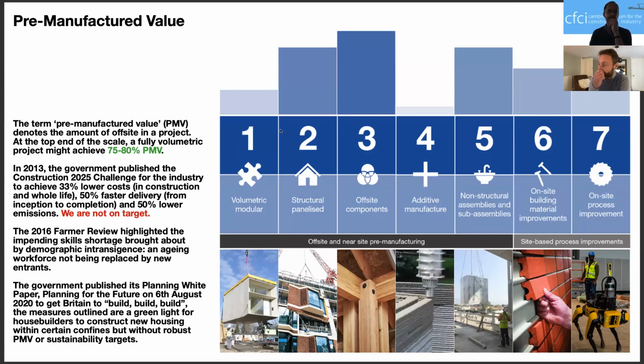And actually what we found is that the most optimal, or the most ideal combination, is using some different categories, and not necessarily just thinking about volumetric in itself, but how we could have structuralized panels or off-site components.